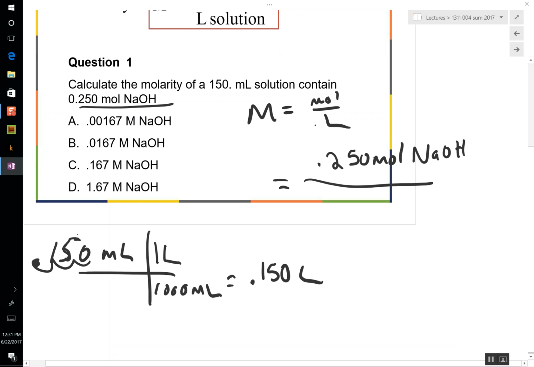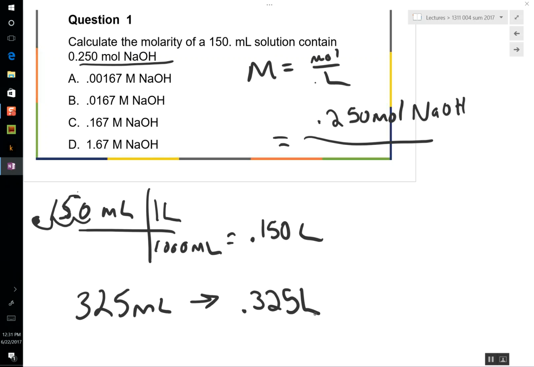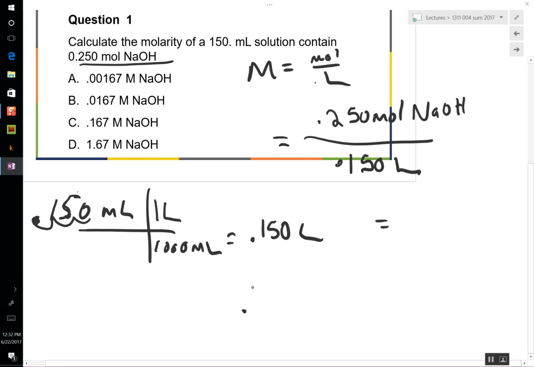All right, so just keep that in mind. You have any number of milliliters. You can convert that to liters by dividing by 1,000 or moving the decimal place 3 places to the left. Converts milliliters to liters. That's beautiful. So now we've got moles per liter. So just do the calculation, and you'll convert that into molarity.